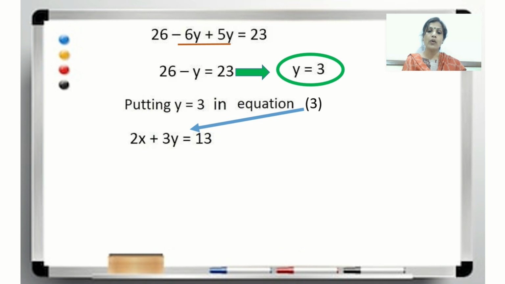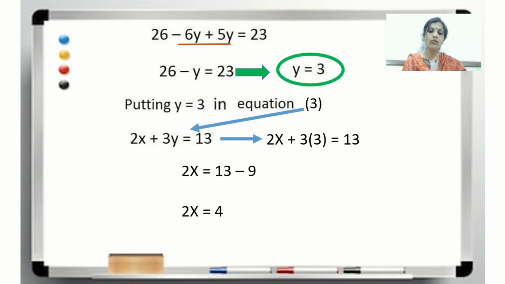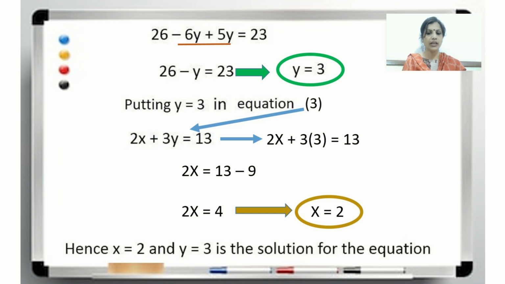So 2x plus 3 into 3 is equal to 13. So 2x is equal to 13 minus 9. 13 minus 9 is 4. 2x is equal to 4, and therefore x is equal to 2, and so we found the value of x as well. So x is equal to 2 and y is equal to 3 is the solution of the given equations.